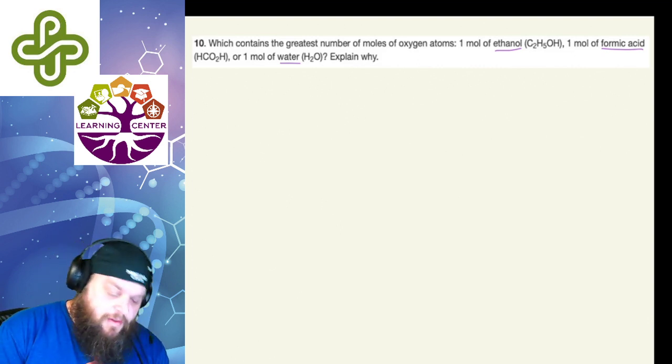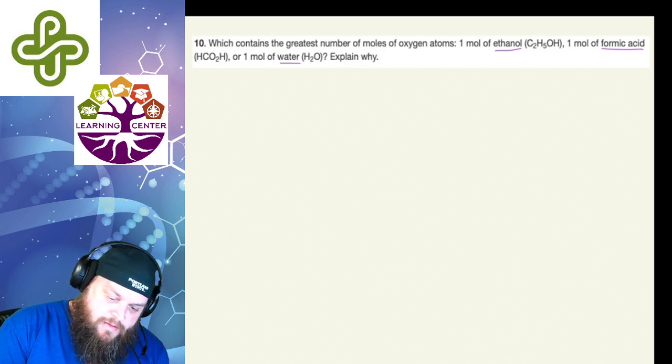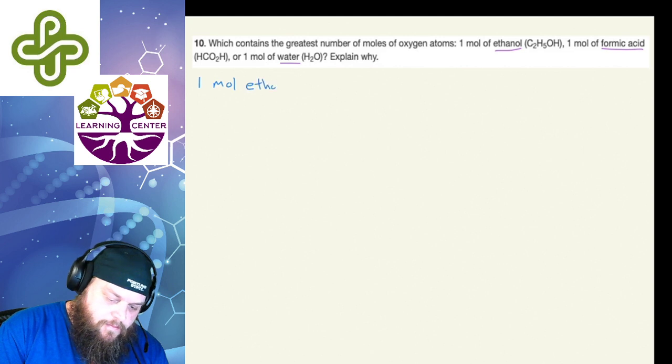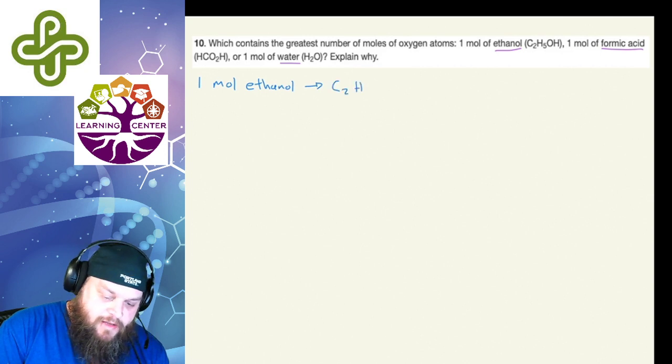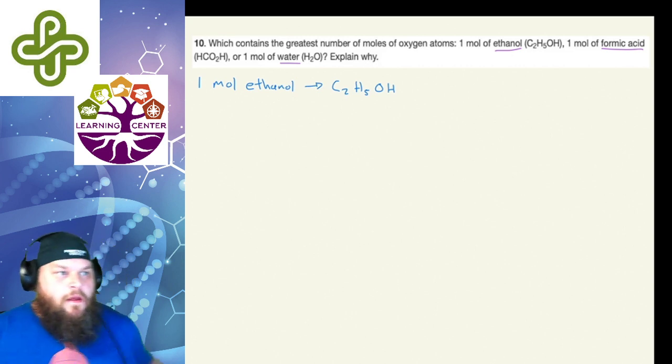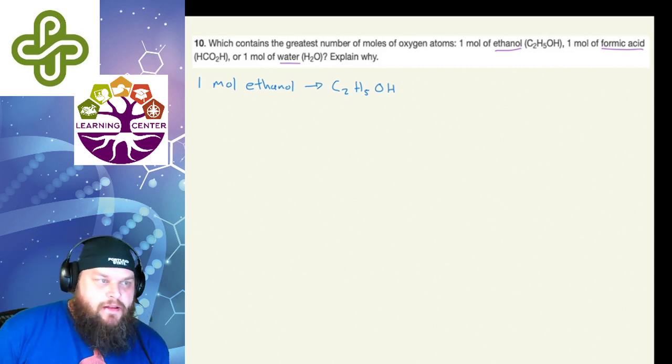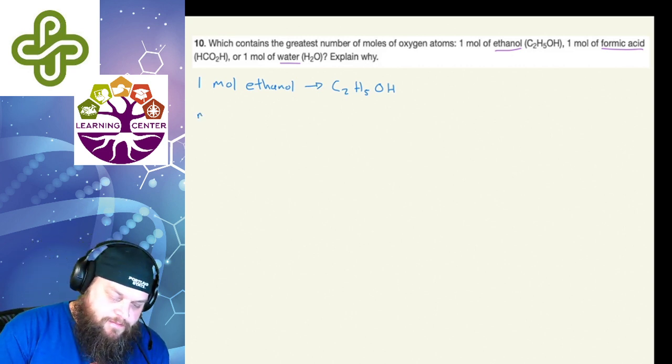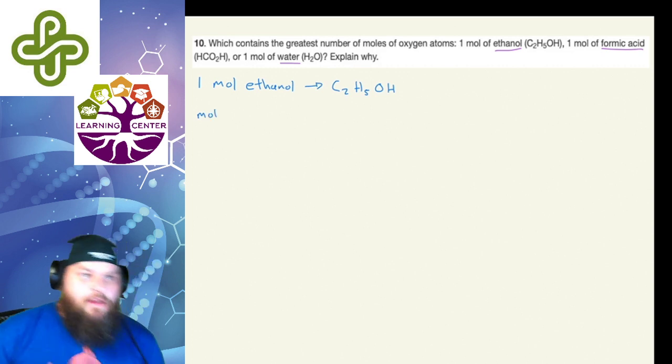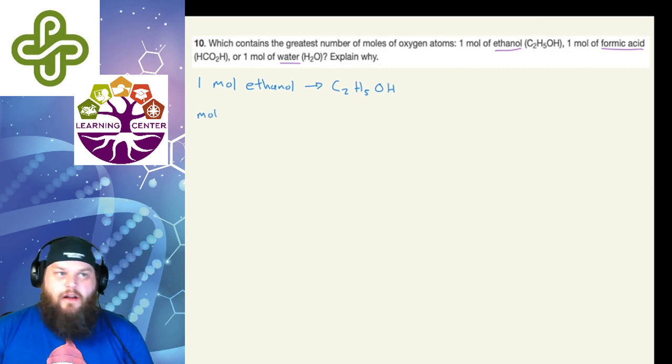So let's look at ethanol first. I'm going to switch to blue. 1 mole of ethanol, which has a chemical formula of C2H5OH. We can see that for each mole, we're going to look at each of those atoms, carbon, hydrogen, and oxygen.